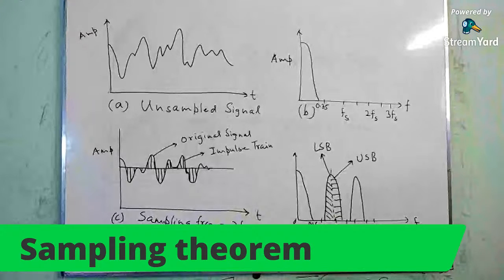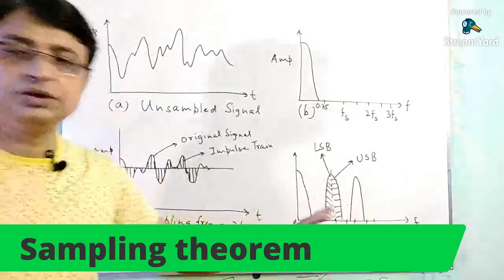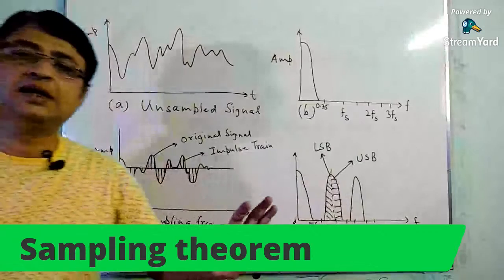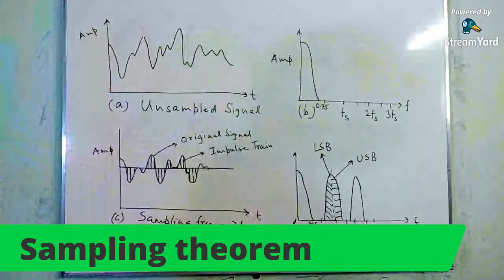This results in the original spectrum being duplicated to the location of each impulse in the impulse train. So, viewing the original signal as composed of both positive and negative frequencies accounts for this upper sideband and lower sideband. So, this is actually generating some redundancy in the frequency spectrum.